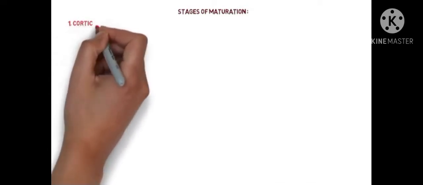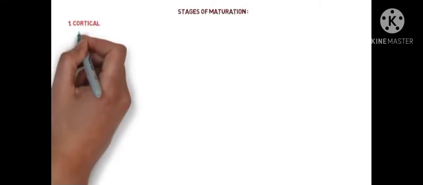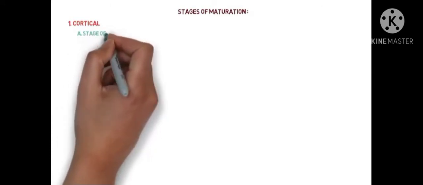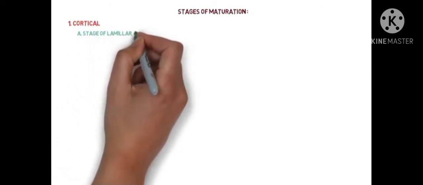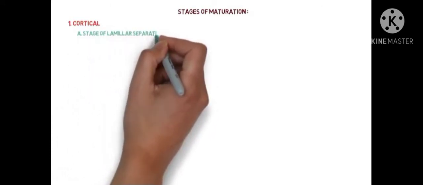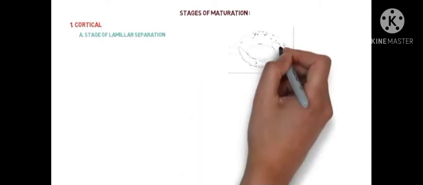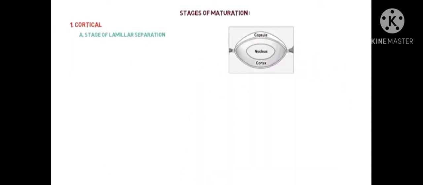Now, stages of maturation of both cortical and nuclear cataract. First we are going to discuss the maturation of cortical cataract. There are different stages of maturation. First stage is the stage of lamellar separation. Look at this diagram. This is the nucleus, this is the cortex, and this is the capsule.